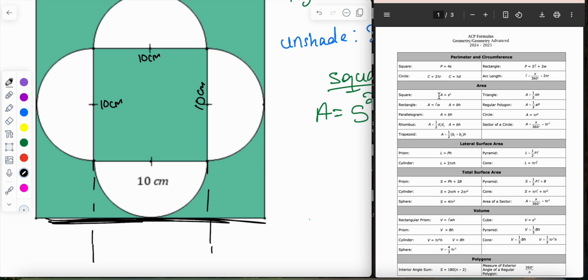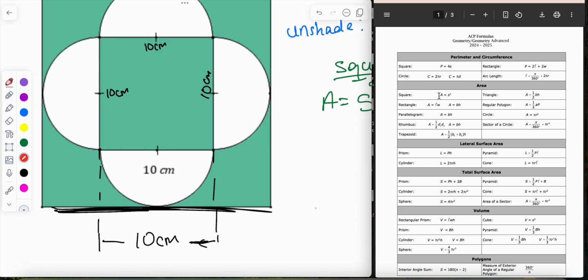From here to here is going to be 10 centimeters. Now we want to figure out what is the length from right here to over here. What is that length going to be?